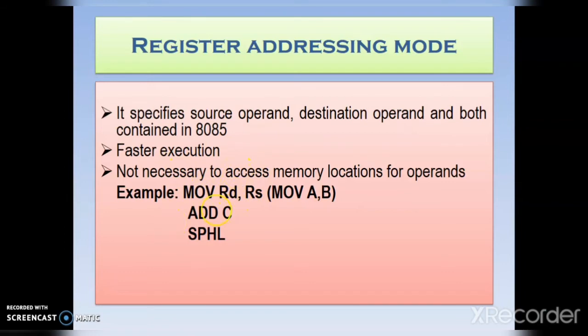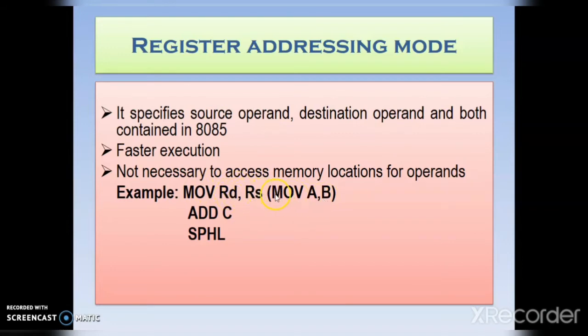Here R represents register and D represents destination, and here R represents register and S represents source. The function of this addressing mode is that it transfers the source register contents to the destination register. That is, it loads the source register content to the destination register.